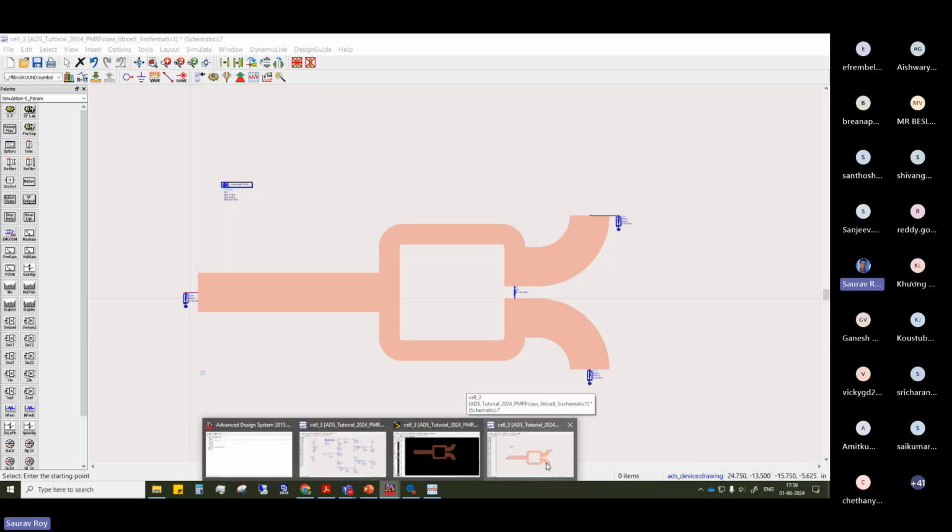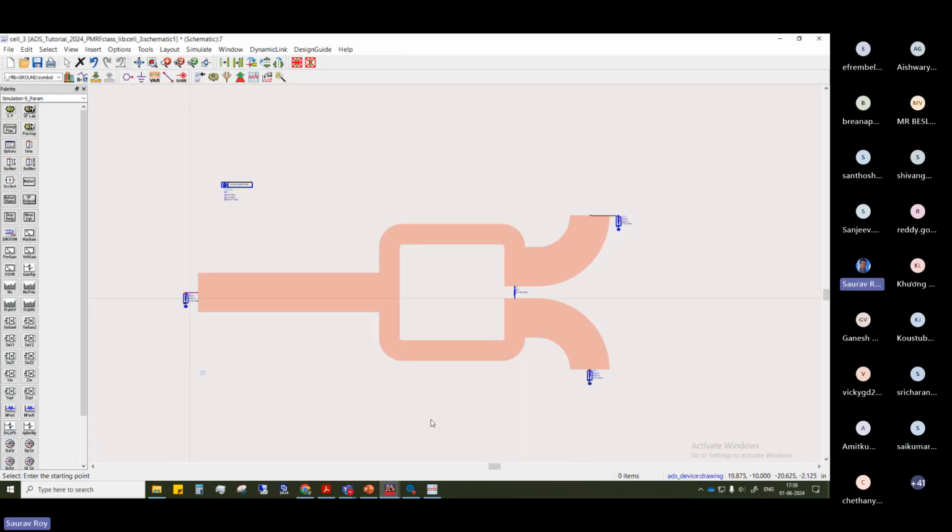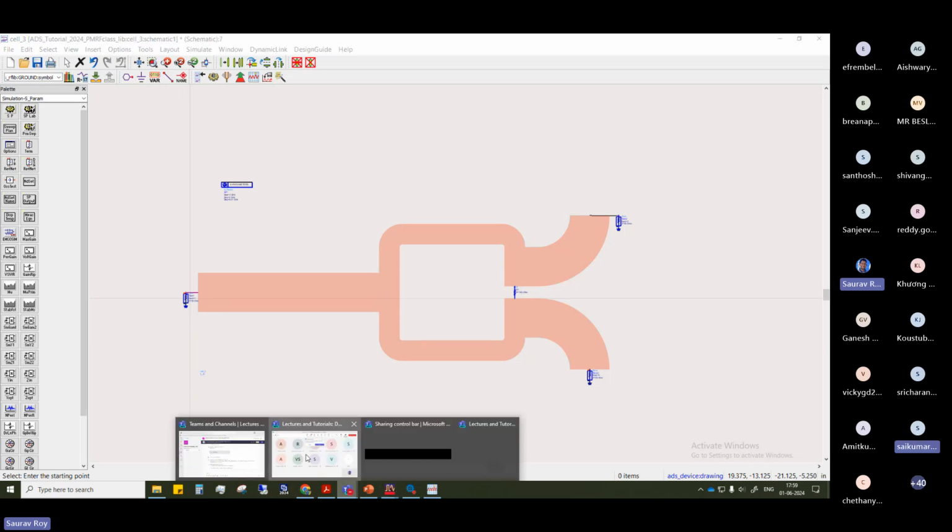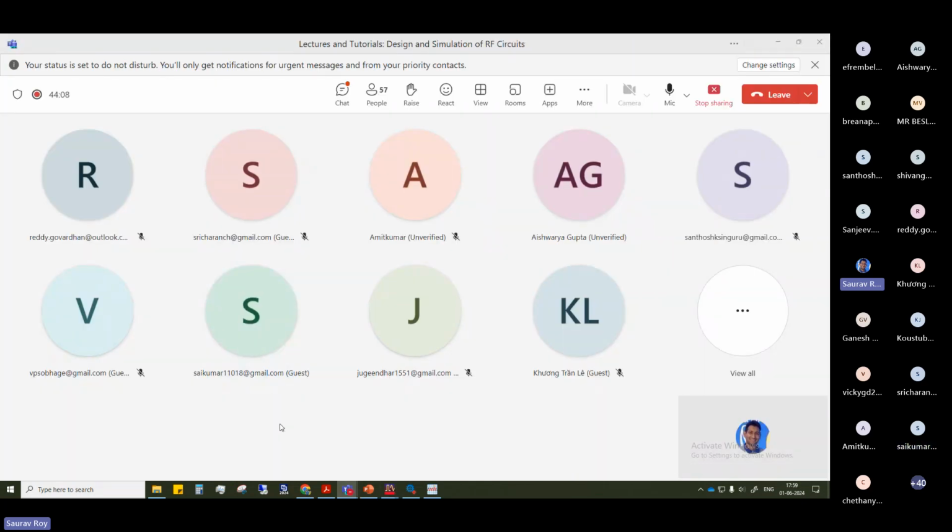If you do the design properly, the results will be close. Especially if you take a very lossy substrate, or when you have very thin lines which may be capacitively coupled to each other, that means mutual coupling can affect each other. In all those cases, there might be a change in results. Because this is a very simple circuit, it might not be a big change here.